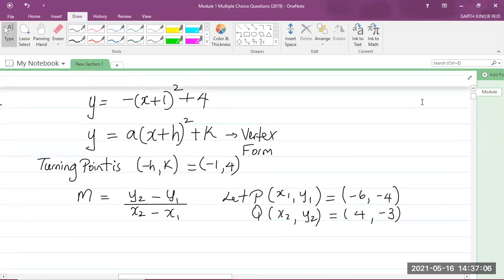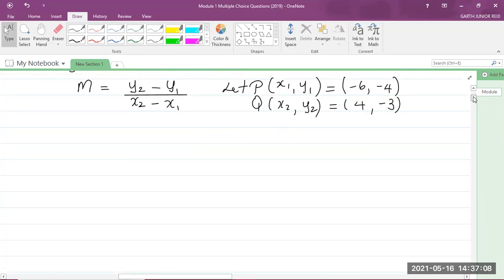Good. Let's now use the formula to calculate our gradient. So m is going to be equal to y2. Y2 is the y value for the point Q, that is -3. So we're going to have -3 minus y1, that's the y value for P, which is -4.